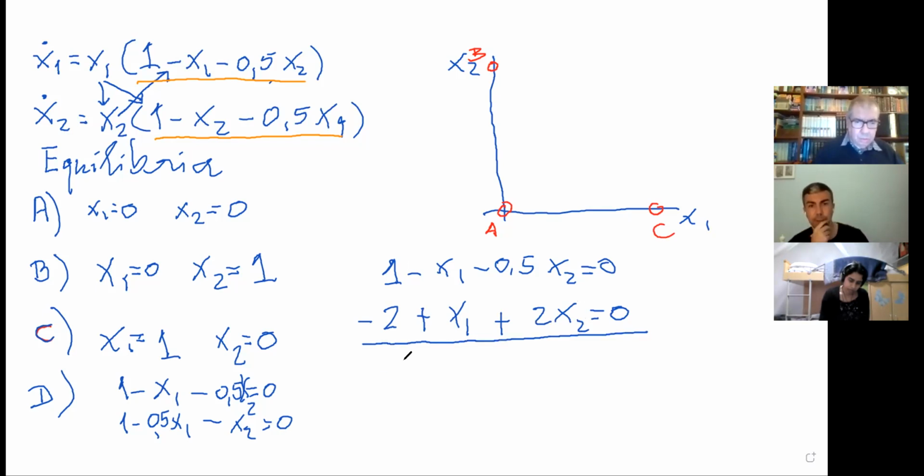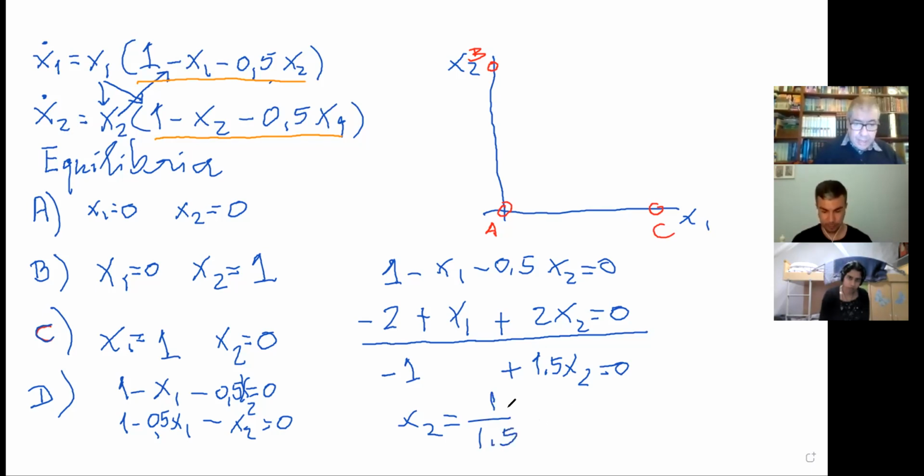So this becomes minus 1, this becomes 0, and this becomes 1.5 x2 equal to 0. So x2 is 1 divided by 1.5.